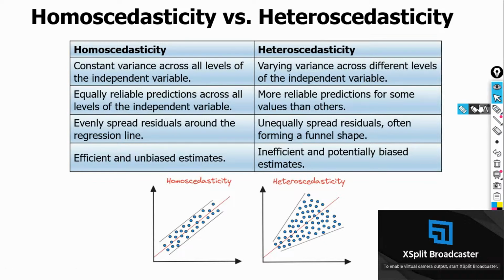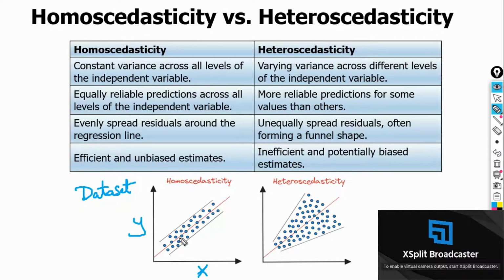Friends, I'll take a data set, and I'm plotting it y, x. I have the scatter, and if you observe the scatter, you see the variance across the different levels of the independent variable.